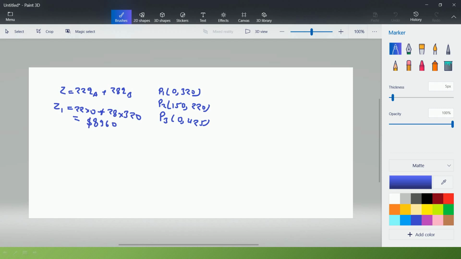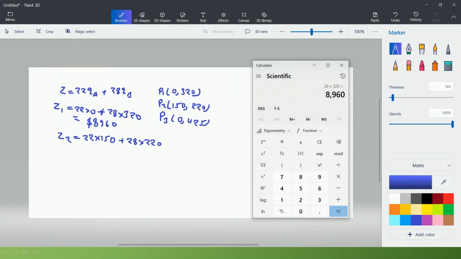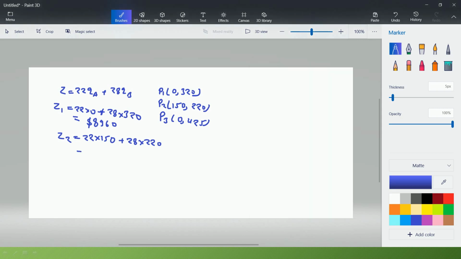Okay. Now for the second point, 22 multiplied by 150 plus 28 multiplied by 220. Let us calculate that. This is $9460.